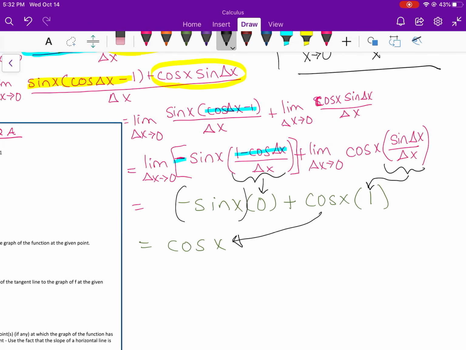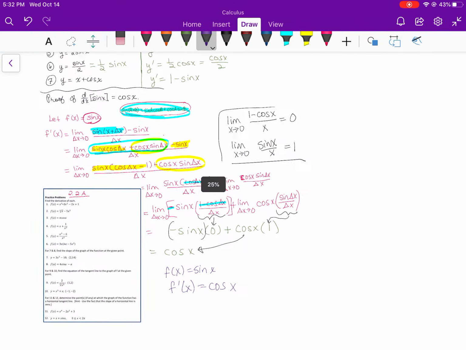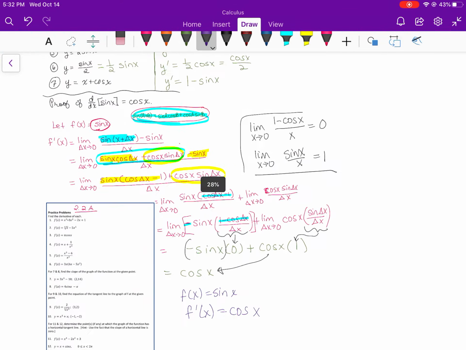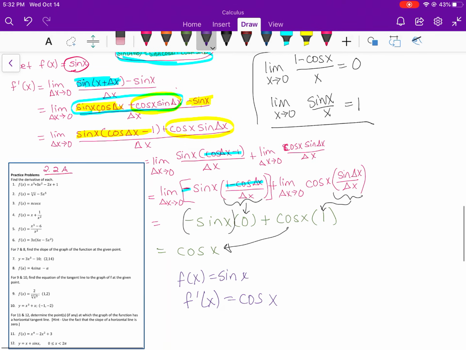So I just proved to you that when f of x equals sine x, its derivative is cosine x. You can also do a similar proof for showing that the derivative of cosine is negative sine.